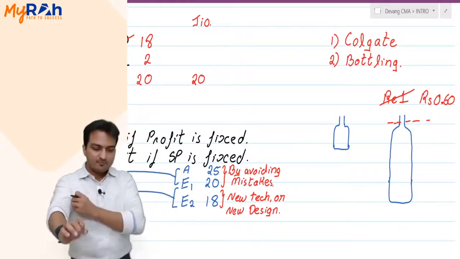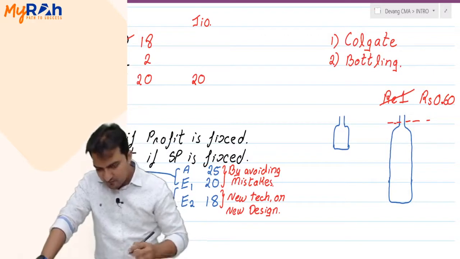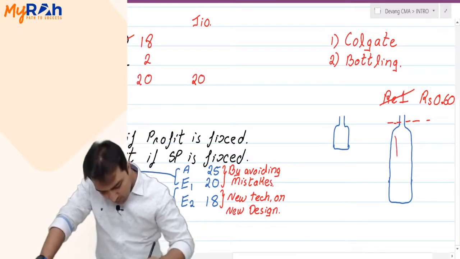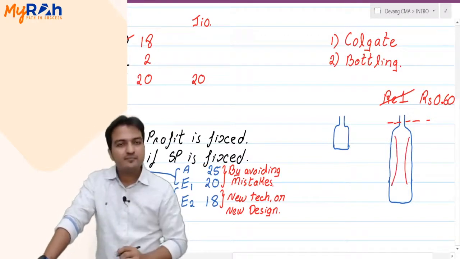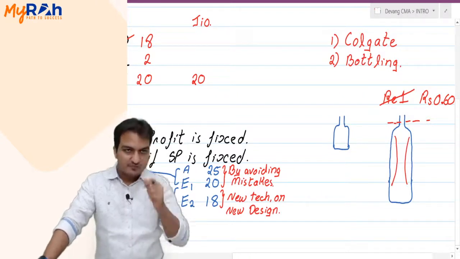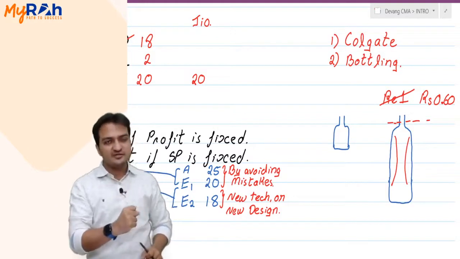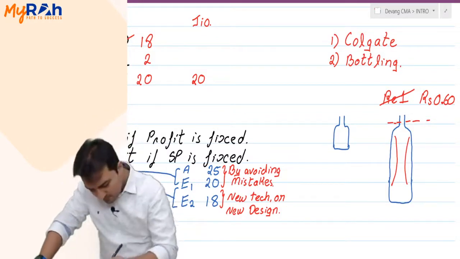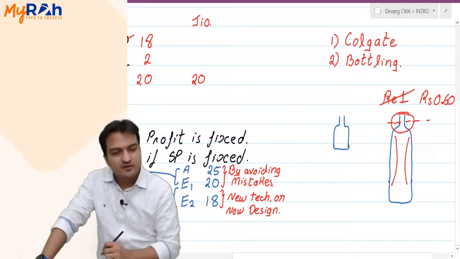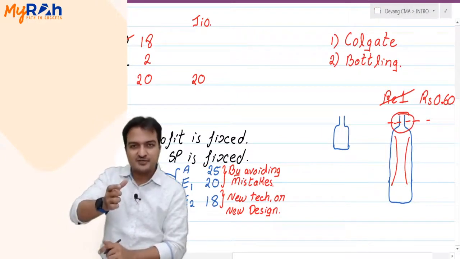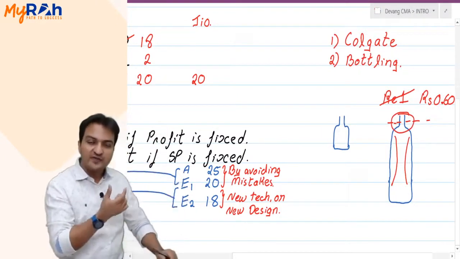Well, notice in this bottle design, you might have seen this, that the body of the bottle is very thin plastic. This entire body of the bottle is very thin plastic. You can crush the plastic easily. But this neck part of the bottle is very thick plastic.